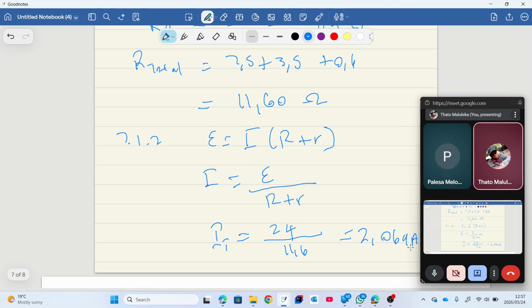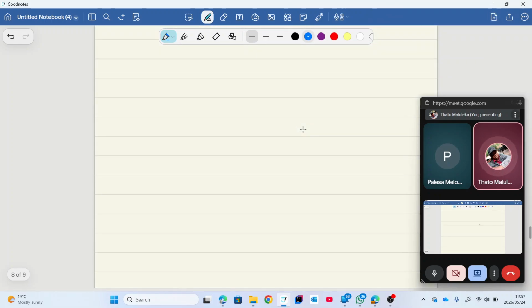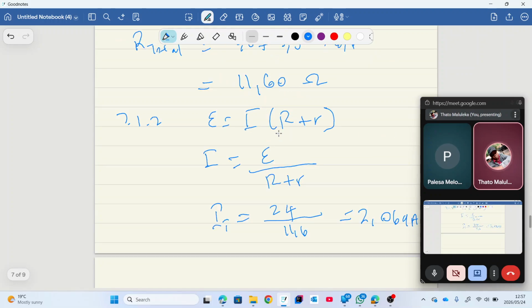Okay. Now, from this point, we know the total current of the circuit, and the question wants the current through A2. So now we are going to use ratios.